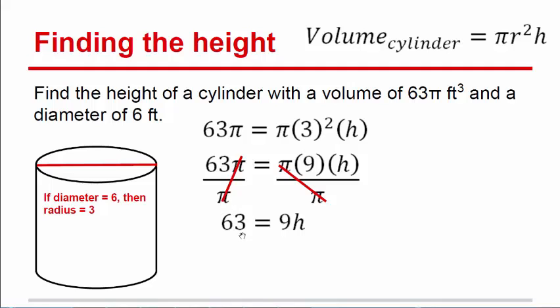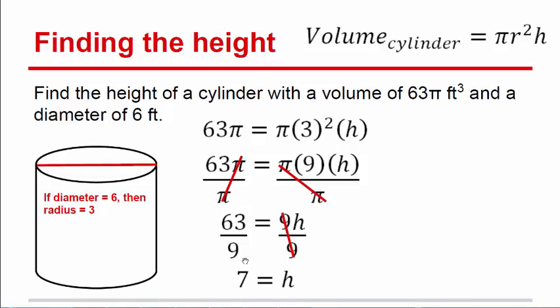Now that we've got numbers on one side and variables on the other, we will divide both sides by 9 because it's being multiplied. The opposite of multiplication is division. So we'll divide both sides by 9. This will cancel out, leaving me 63 divided by 9, which is 7. The height is 7.